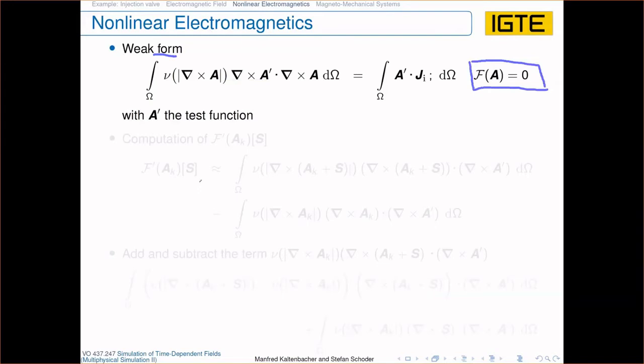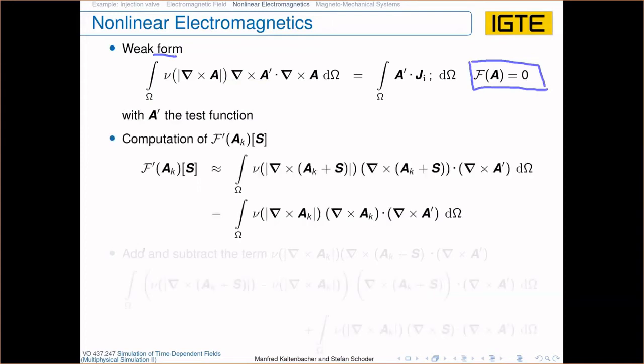A prime, as we know, is our test function, which means the computation of the Frechet derivative, which we approximate in first order, is as follows. We evaluate our weak form, as shown here, at AK plus s minus the nonlinear operator, which is our weak form, at AK. Okay, and since the right hand side is always the same, it cancels out for computing f prime.